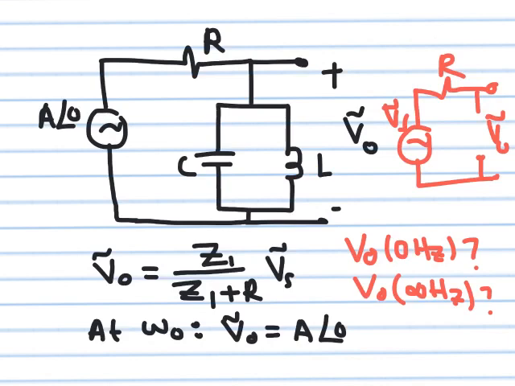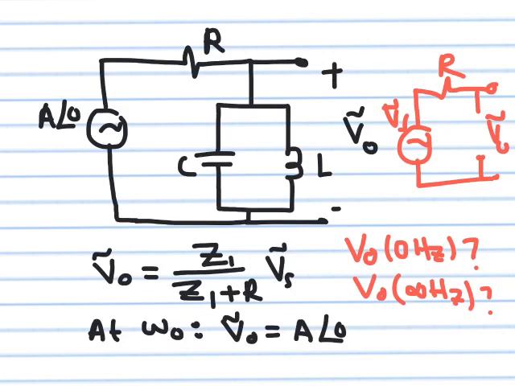So just remember how I think of this circuit. I ask myself what is happening at DC and at very low frequencies, and what is happening at very high frequencies. At high frequency, the inductor is effectively an open circuit and the capacitor is a short circuit.